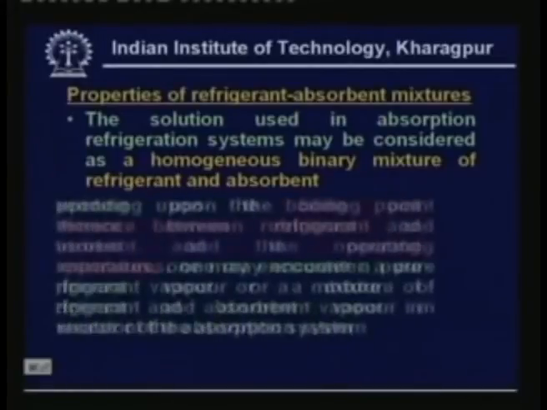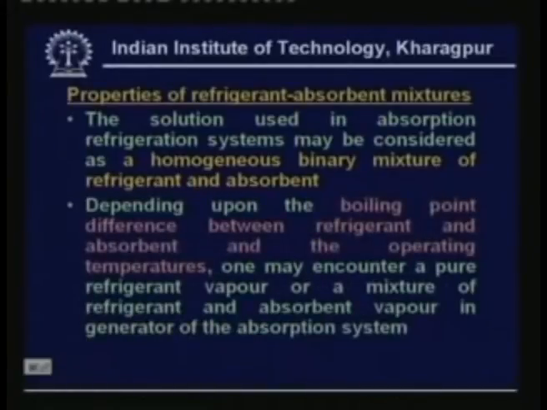Now, depending upon the boiling point difference between the refrigerant and absorbent and the operating temperatures, one may encounter a pure refrigerant vapor or a mixture of refrigerant and absorbent vapor in the generator of the absorption system. While describing the simple vapor absorption refrigeration system, I mentioned that in the generator you supply heat at high temperature and refrigerant vapor is generated, which goes to the condenser and gets condensed.